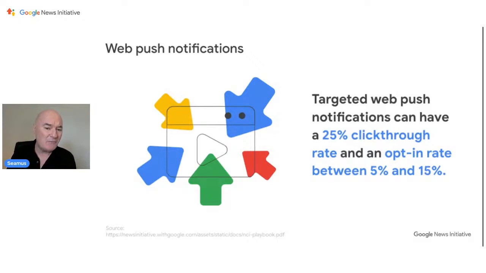Some of the best practices for that: maximizing the chances of getting readers to subscribe, because of course that's the aim through web push notifications. It's actually building your own or working with a third party. So we can have native web push alerts, but we can't really transform those. We can't tailor those to our own needs.